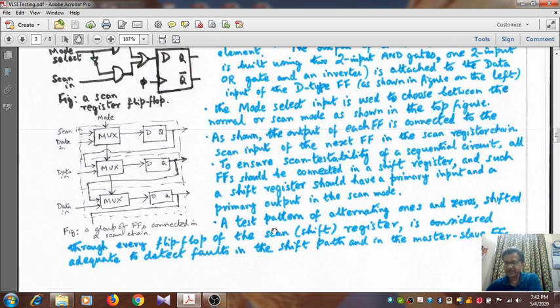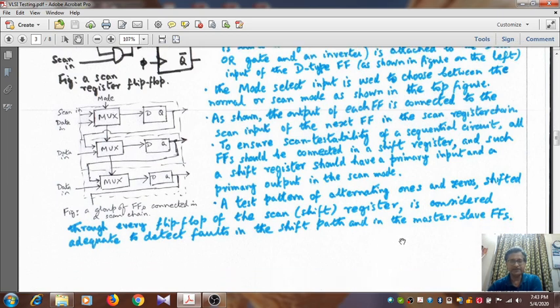That's why we say that a test pattern of alternating ones and zeros shifted through every flip-flop of the scan or shift register is considered adequate to detect the faults in the shift path and in the master slave flip-flops. Clear?